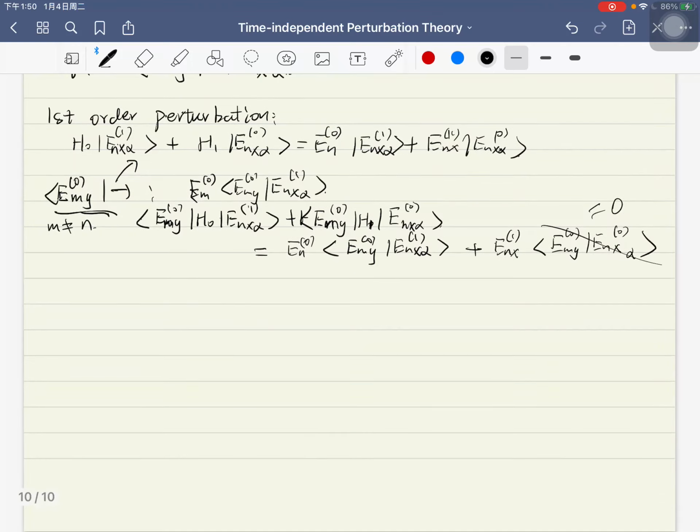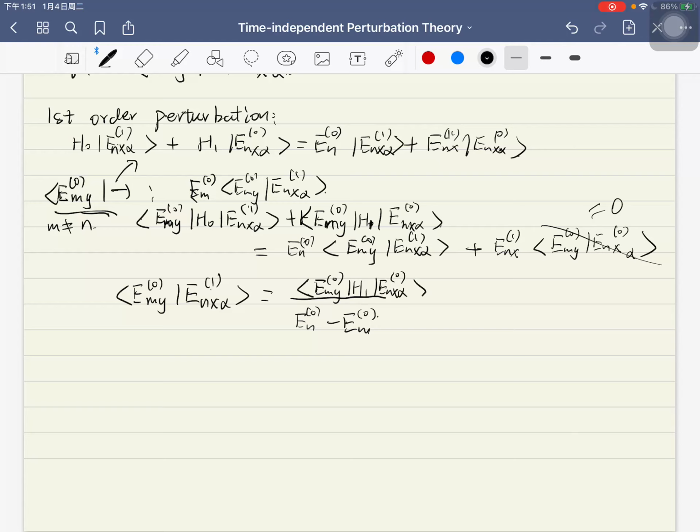So we find the inner product <E_my^0|E_nx alpha^1> equals <E_my^0|H1|E_nx alpha^0> divided by (E_n^0 minus E_m^0). This is our first formula.